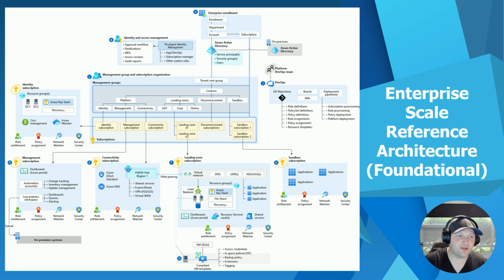The management is things like automation accounts and Log Analytics workspaces that you may have. Your identity subscription and management group would have things like your Azure Key Vault or your domain controllers that you may need that are shared across multiple landing zones and multiple applications or services that you might be consuming.